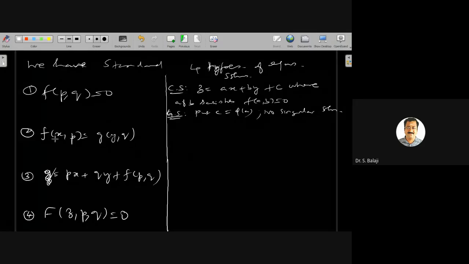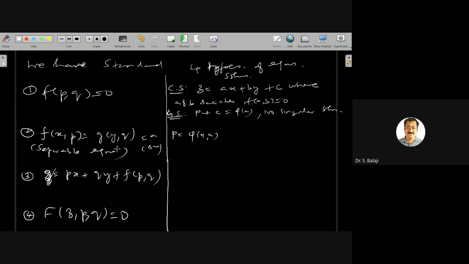And here, this equation is called a separable equation. The idea here is that we are able to separate x, p on one side and y, q on the other side in the given equation.